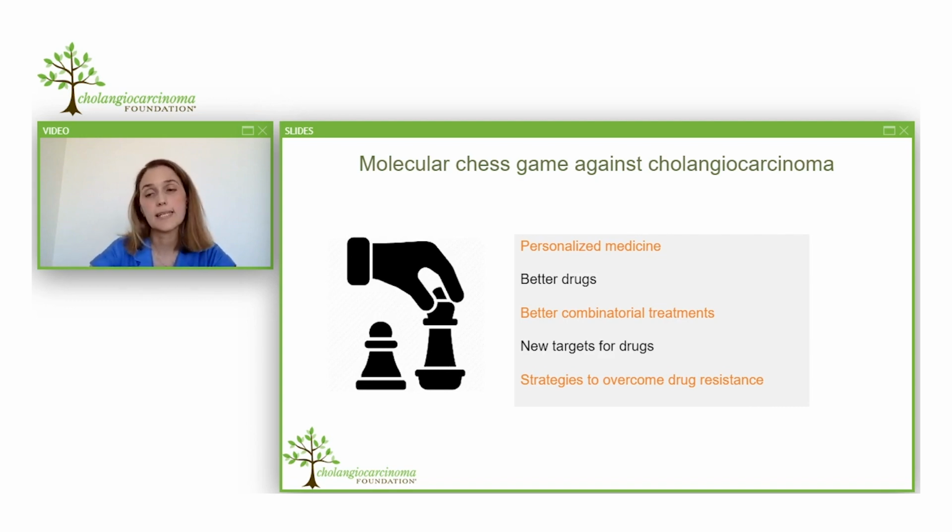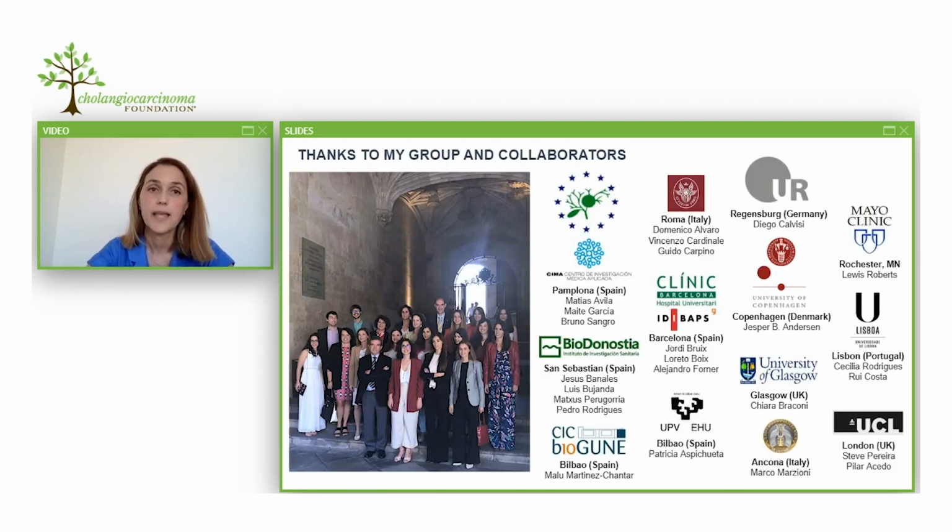And with this rare and heterogeneous tumor, collaborative work is very important. And ENSCA and also Cholangiocarcinoma Foundation play a very important role to work fast.